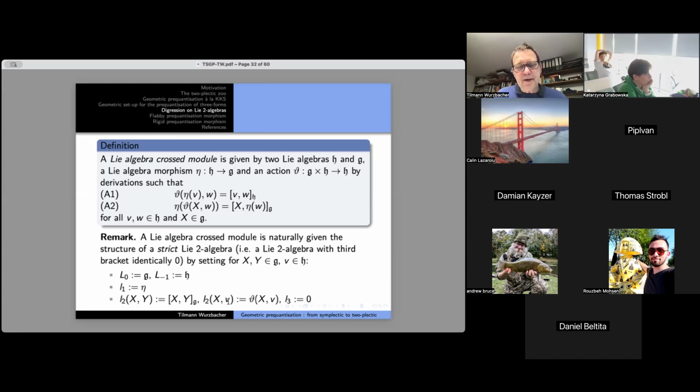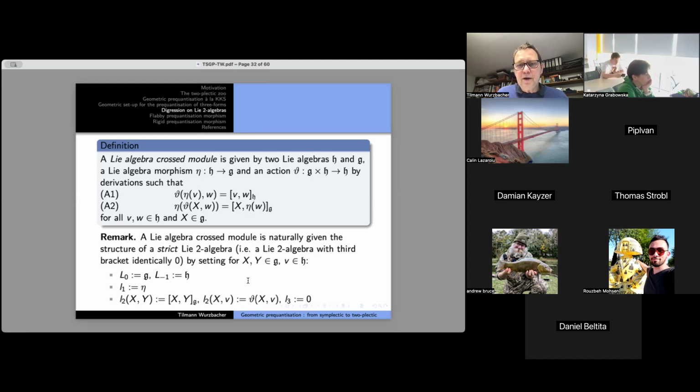For the mixed L2, you take the action, and if you are with both factors in H, you are in L-1, then the L2 is automatically 0 for degree reasons.